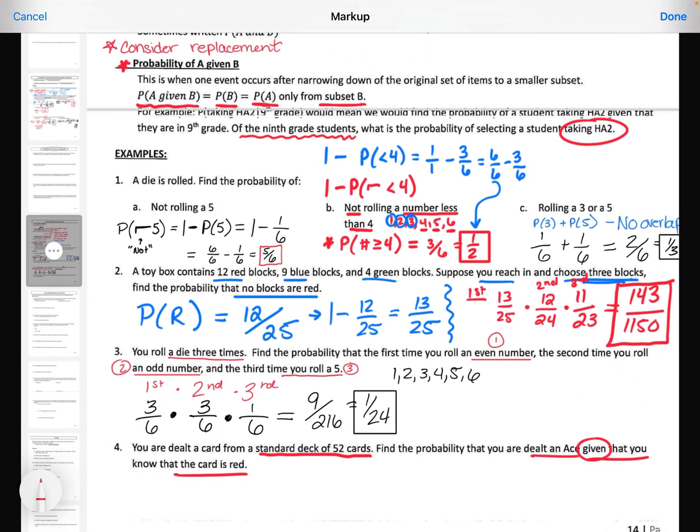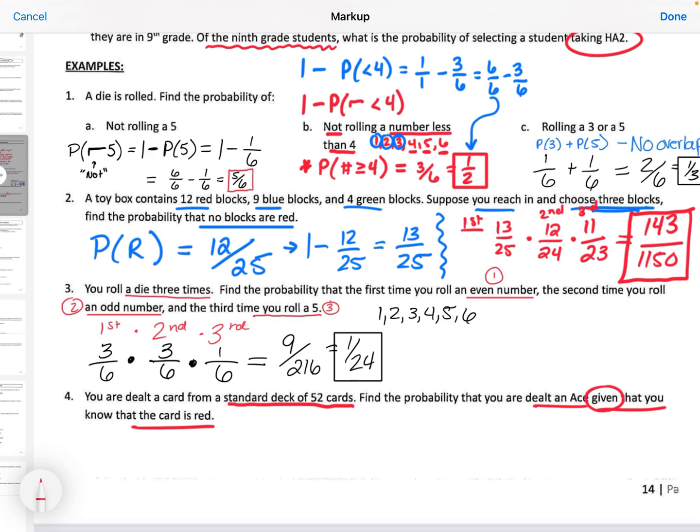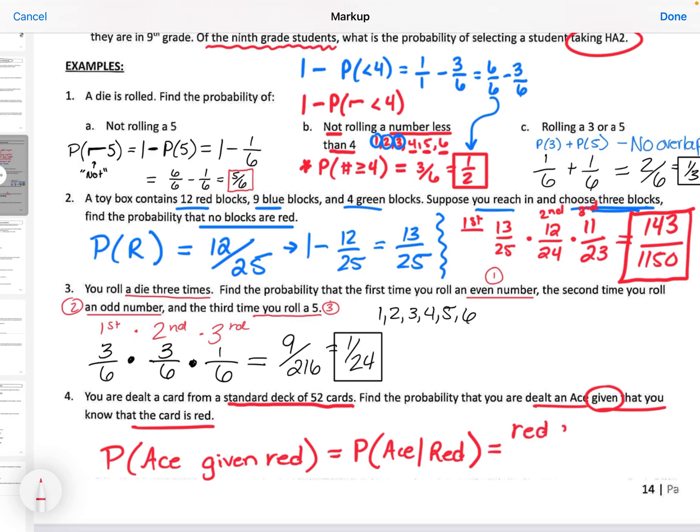So now let's go back to this problem and read it again. From the standard deck of cards, what is the probability of drawing an ace given the card is red? So we can write that as the probability of ace given red. So that means we're going to look at red aces because we're only looking at the population of red cards.